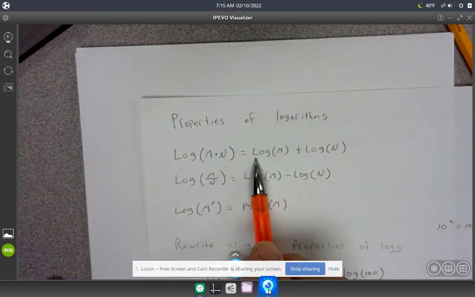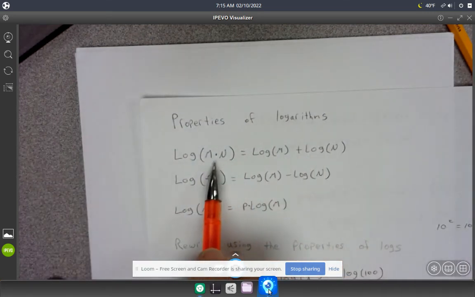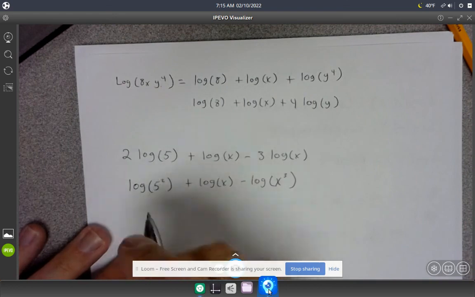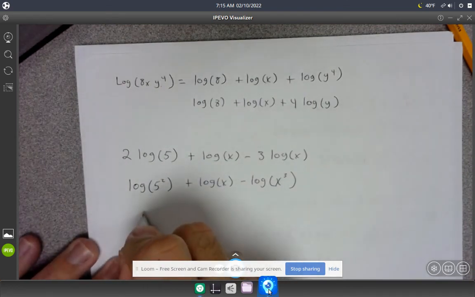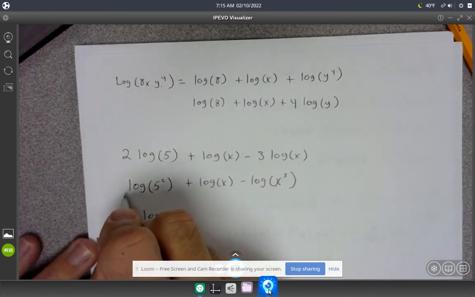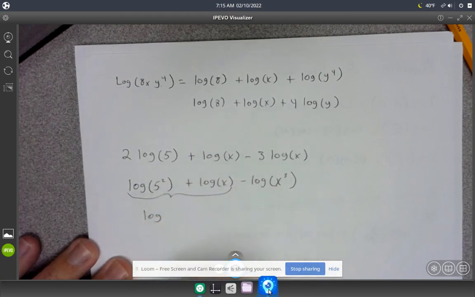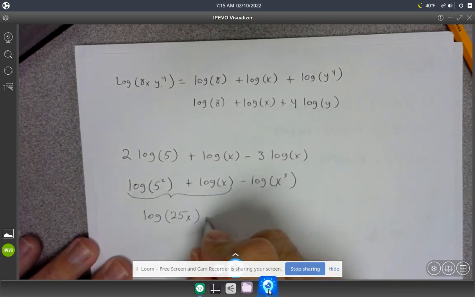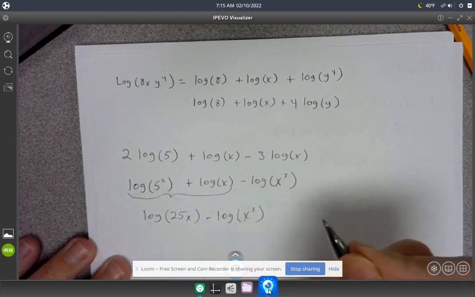Okay, so I'm going from something like this, and I'm going to rewrite them as one logarithm, so I got to multiply them. That's what I'm going to do there. And this is just going to be 25. So these two right here, it's going to be log of 25x, right, 5 squared is 25, minus the log of x cubed.